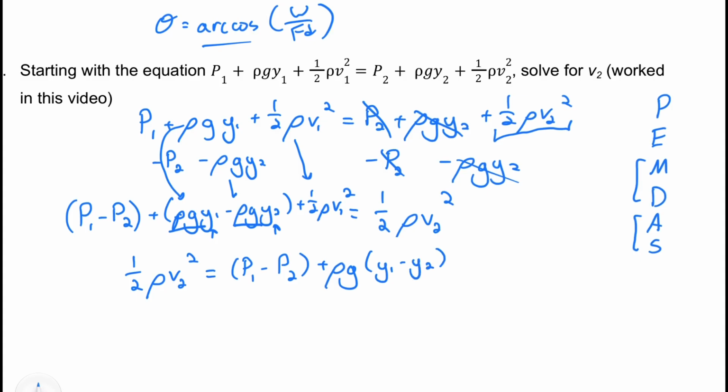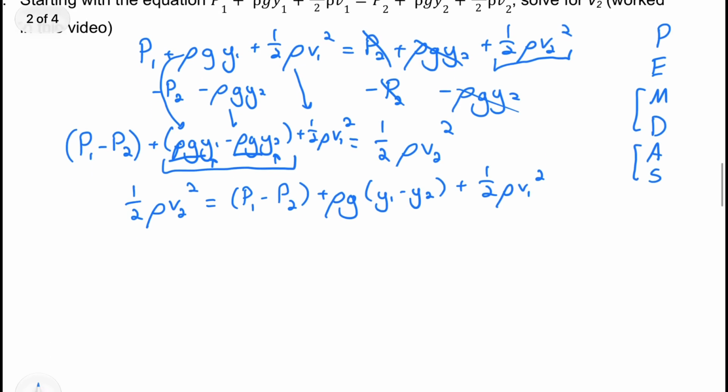If you don't believe me, expand these parentheses back out and you should end up with the original terms. And then we add 1/2 rho v1 squared. Great. Obviously we still want v2 by itself.